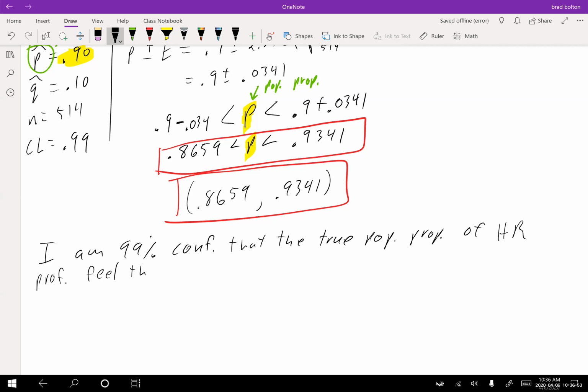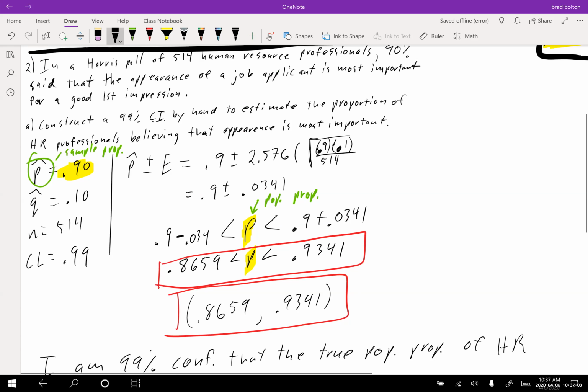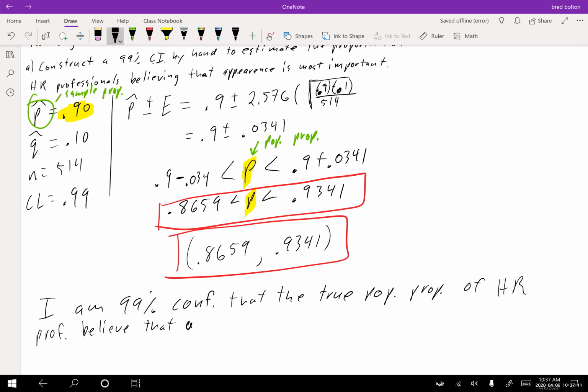Let me read the question. Believe, let's say believe. You could have said feel that. Believe that appearance of job applicants is most.